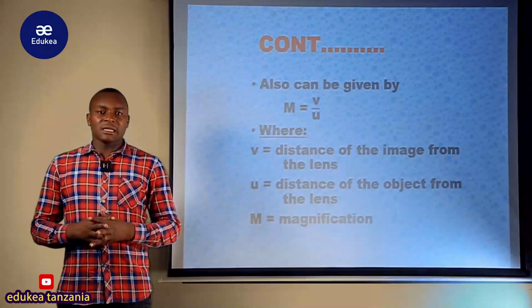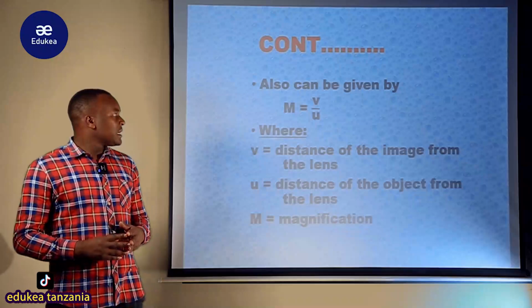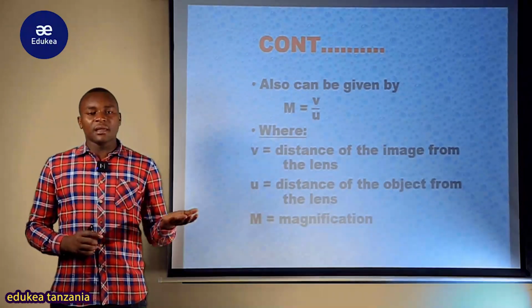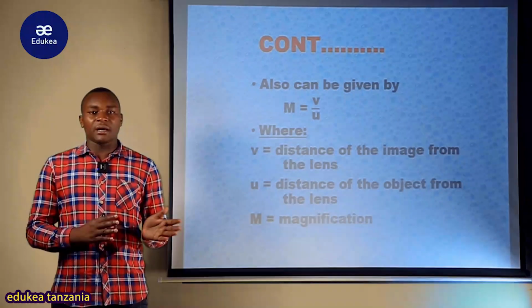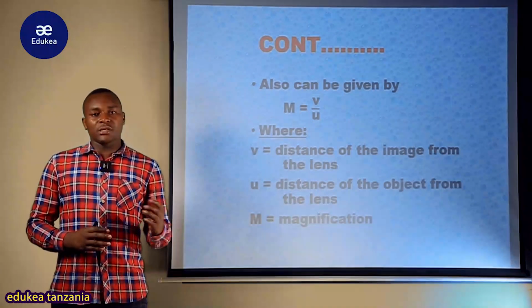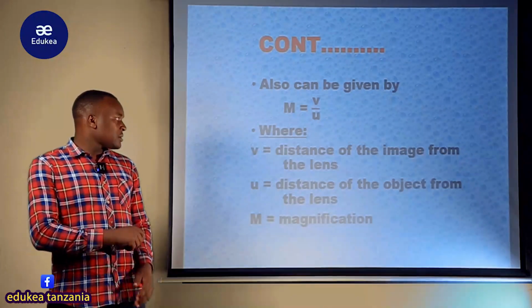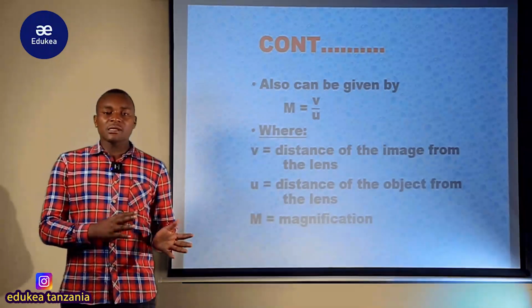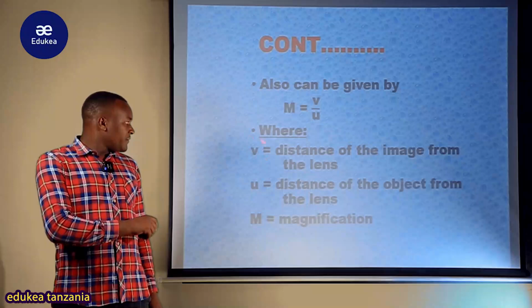But also there is another formula which can be used to find the magnification of the image. So you can take magnification is equal to V over U. V inamaanisha nini? V maana yake ni image distance and U maana yake ni object distance, where V is the distance of the image from the lens. So the distance of the image from the lens is what we call v.